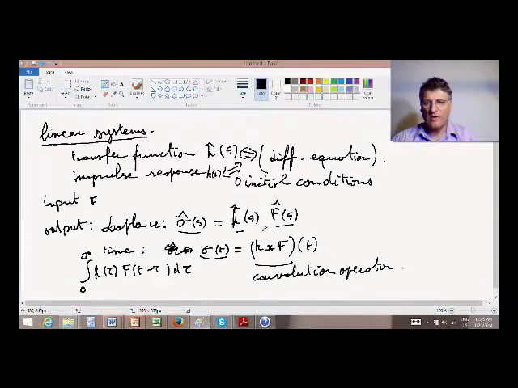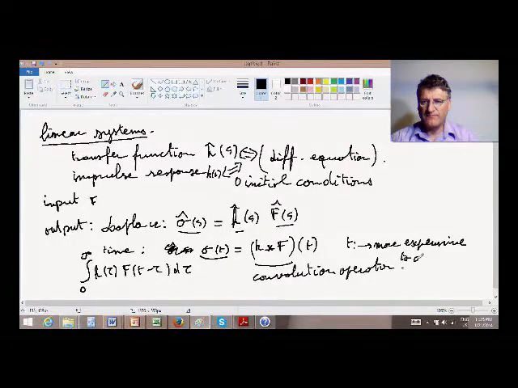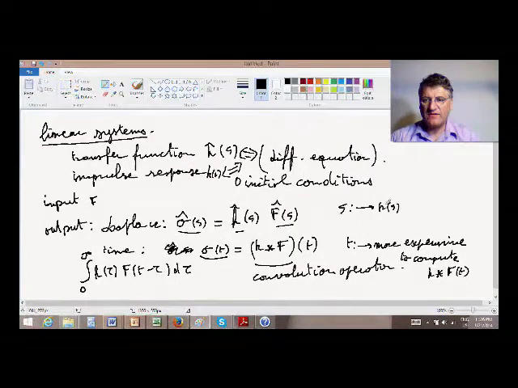So for a given value of t, it's more expensive to compute h star f of t than, for a given s, to compute h of s times f of s, which is just one multiply.